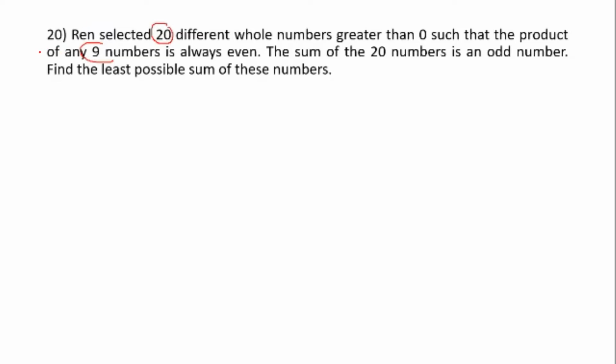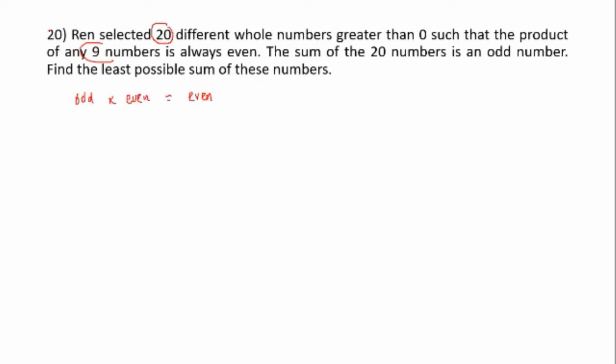You have to understand that odd multiplied by even number always ends in even. Well, odd times odd is odd, like 3 times 3 is 9, 3 times 5 is 15, 7 times 7 is 49.